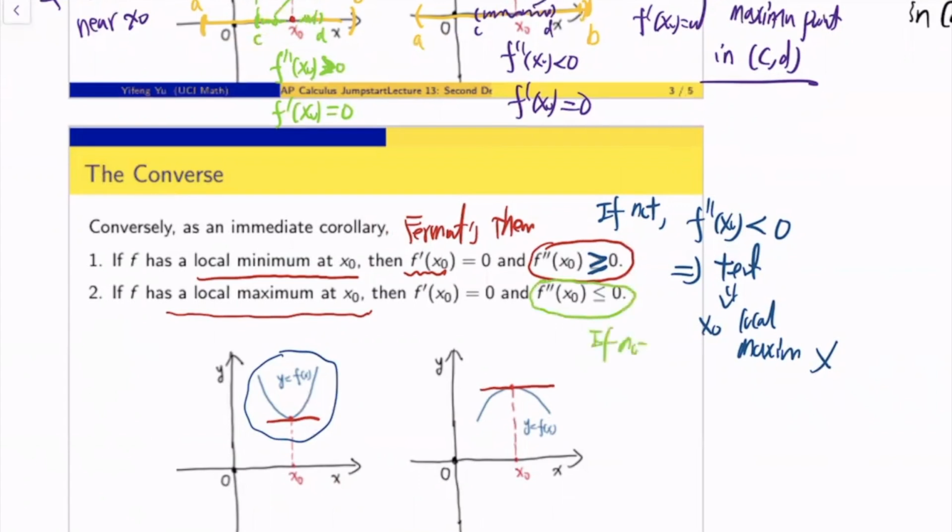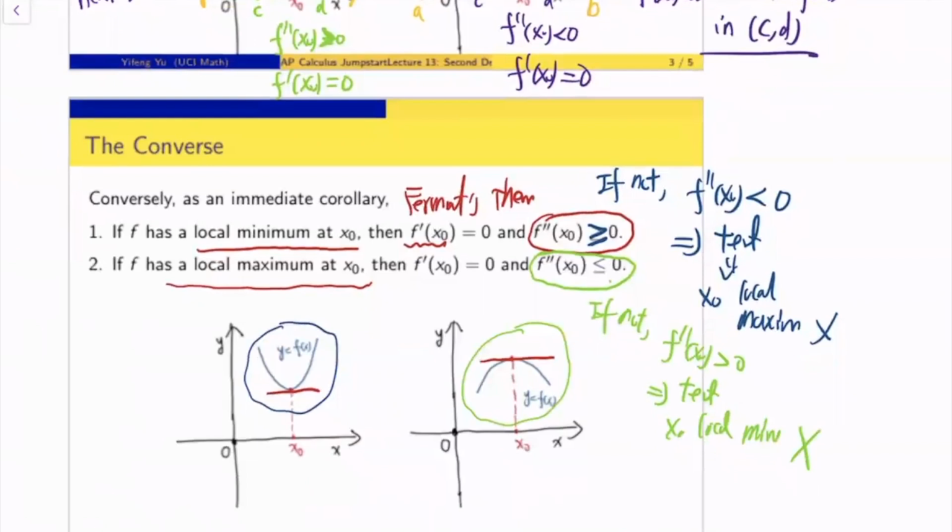Why? If not, the second derivative would be positive, and by the test, x0 would be a local minimum, which is impossible because we already know it's a local maximum. So that's the converse.